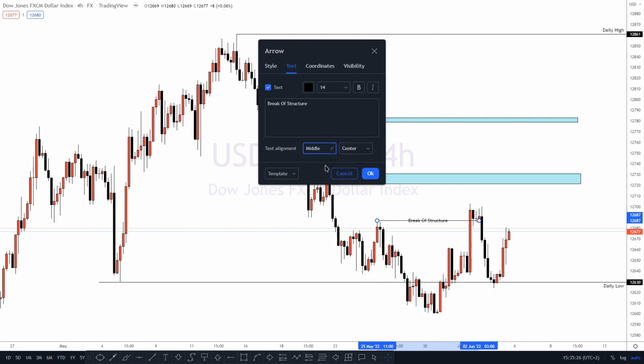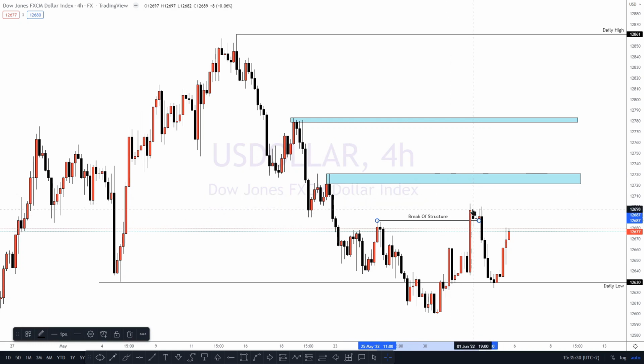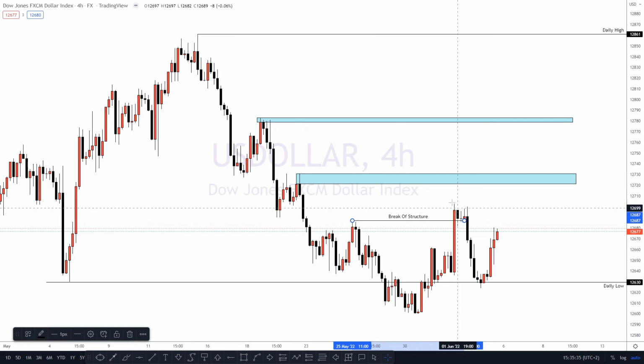Price is showing that it did break above and created this, so we could consider this as a 4H high, then possibly this is a 4H higher low, but we just have to wait and see.